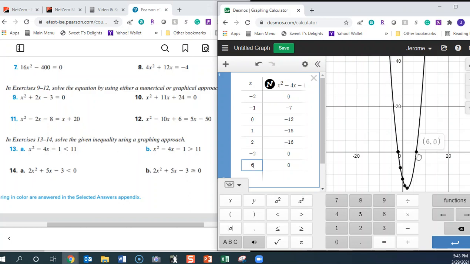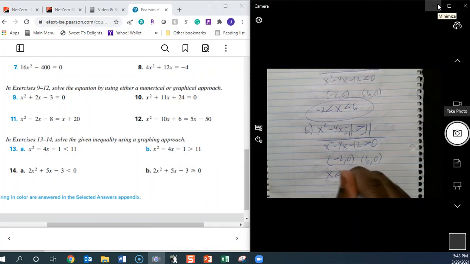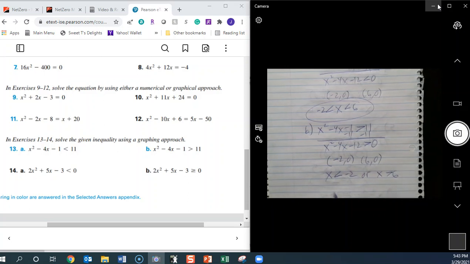And then over here, x being greater than 6, because as x gets greater than 6, the higher the value goes. So we will write that out as x is less than -2, or x is greater than 6. So this is your answer here.